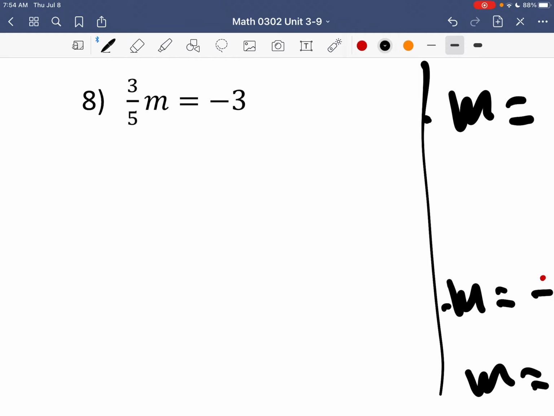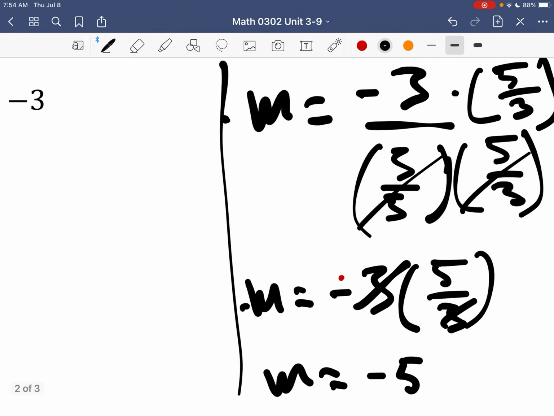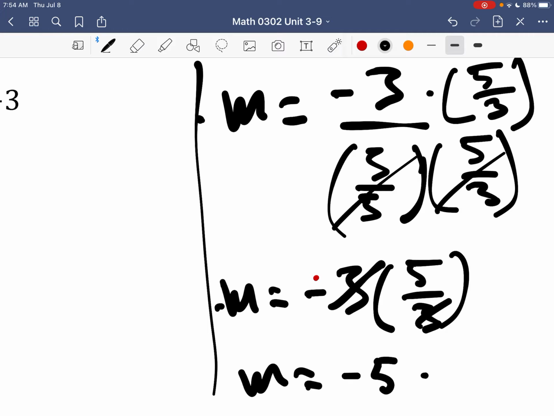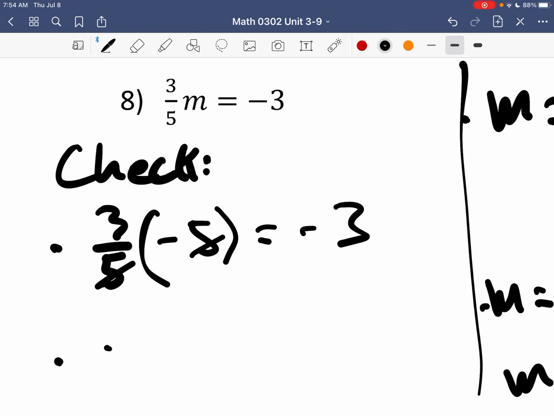What this means is to go back into the original equation, that was the 3/5. Wherever you see the m, we'll plug in the minus 5. Check to make sure it equals minus 3. Over here on the left-hand side, the 5's are going to cancel, but the negative sign is going to stay.